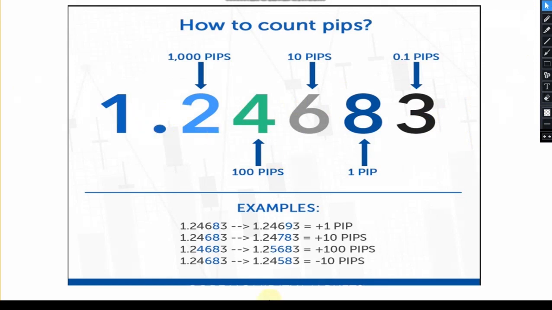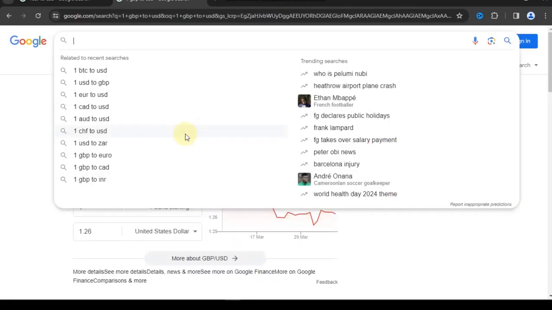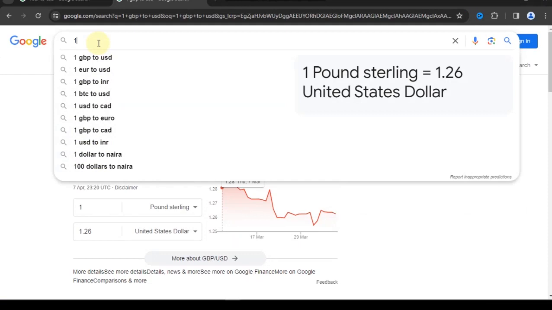So now if I go to my Google, I'll type 1 GBP to USD.